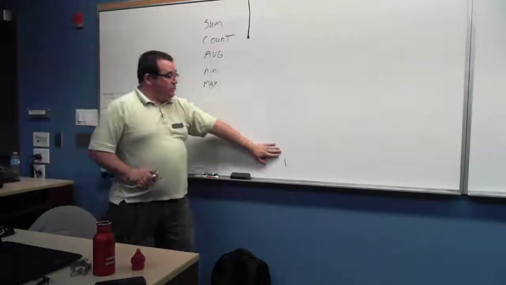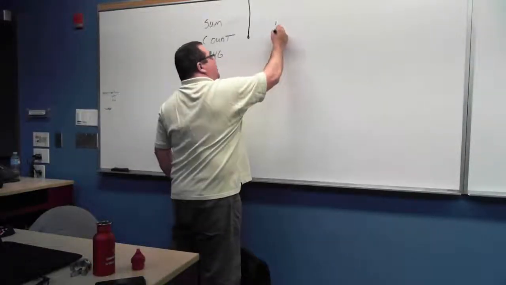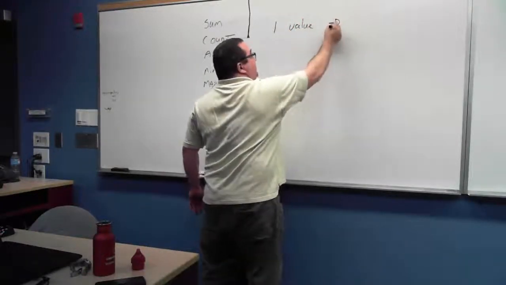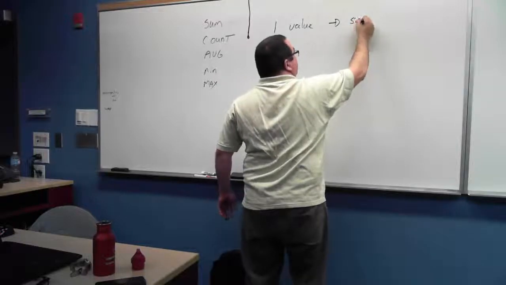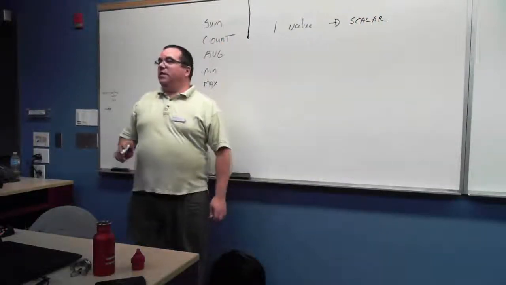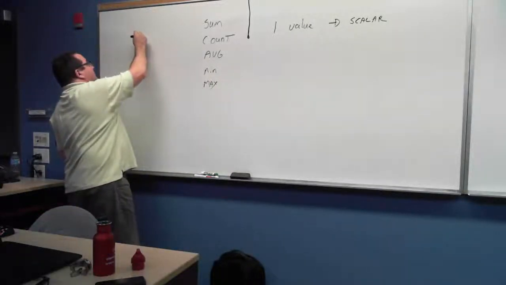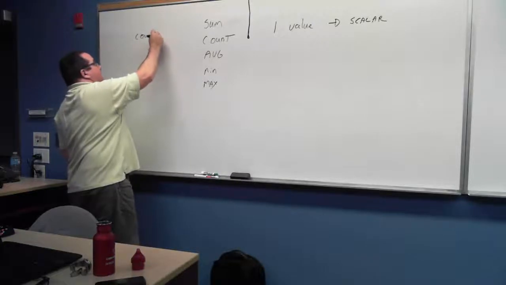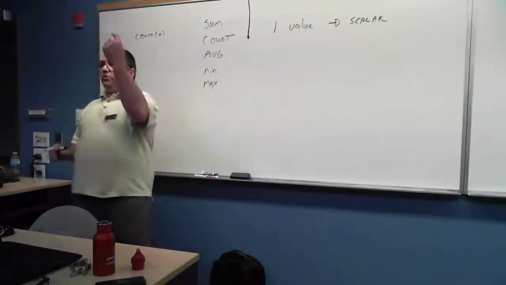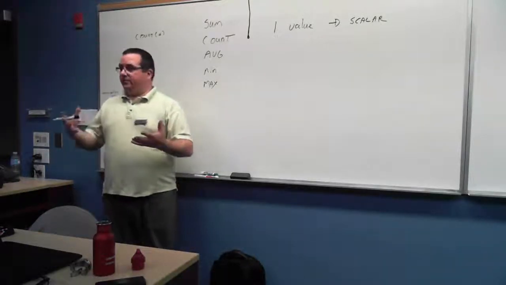Now, there's two kinds of situations when you get an aggregate. When you get one value back, that's known as a scalar. It's a scalar aggregate. For example, if you do a count star and you don't have a group by, it returns one value. That one value is known as a scalar.